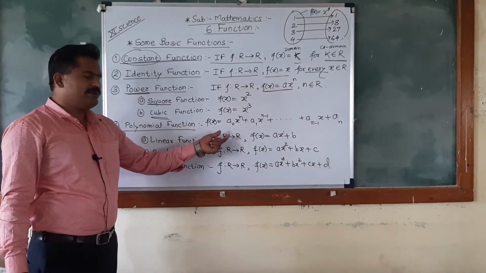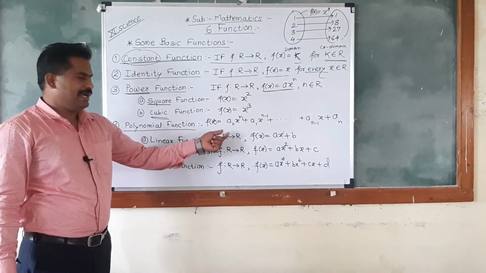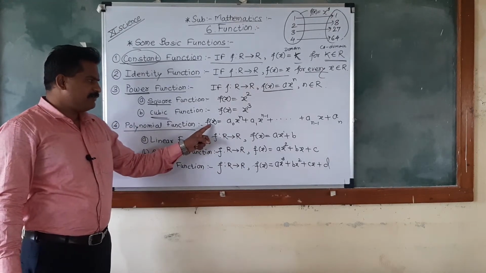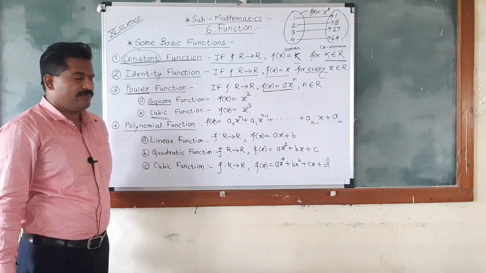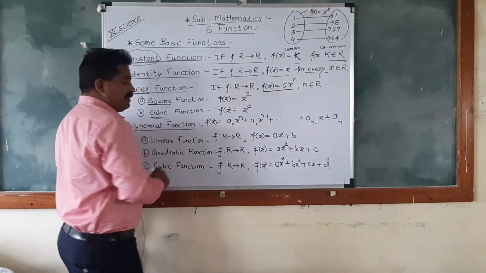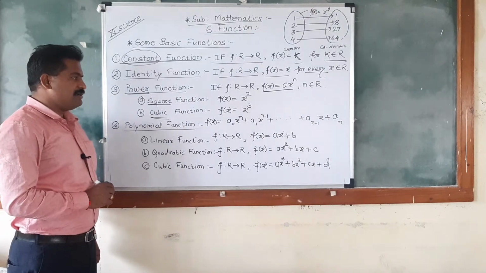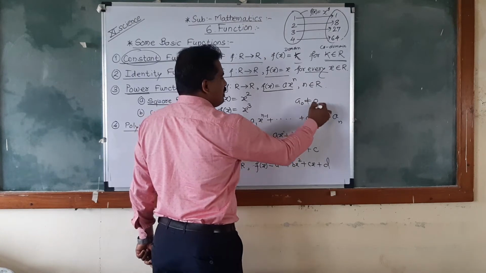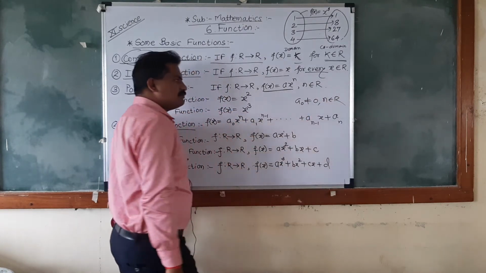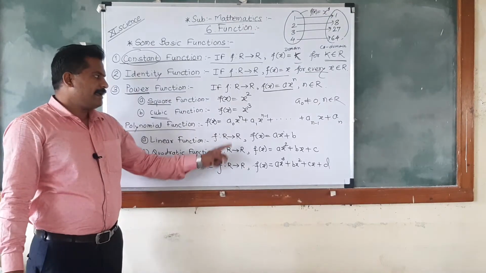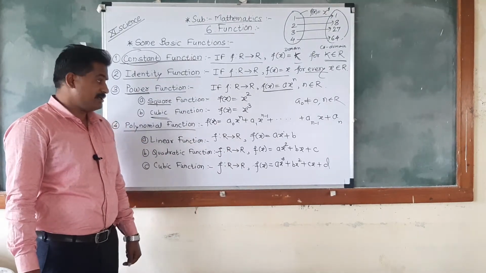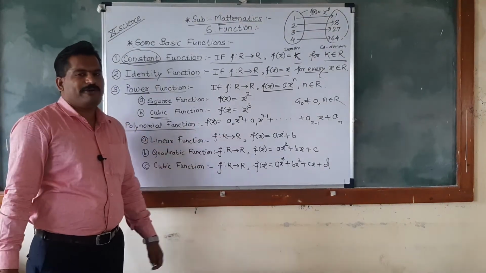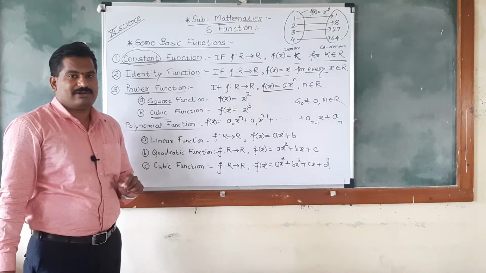If the function goes from R to R, domain and codomain real numbers, and the function has a general polynomial with degree n, therefore it is known as a polynomial function, in which a0 is not 0 and n belongs to R. a0 is not 0 because if a0 is 0, then the highest power in this polynomial vanishes.